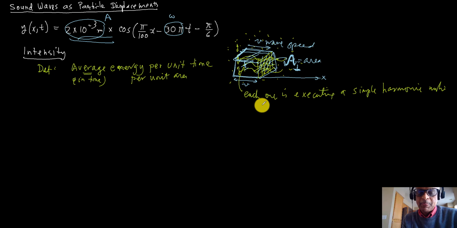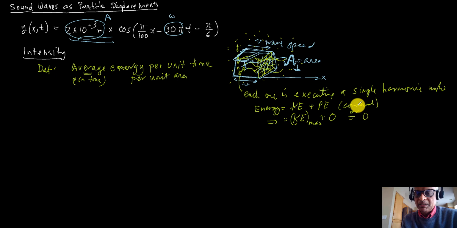And their energy is kinetic energy plus potential energy at any time, and it is conserved. That means this is equal to the maximum kinetic energy and minimum potential energy at that point. Or you can think of kinetic energy 0 but potential energy maximum. You can use any of these three formulas for energy.